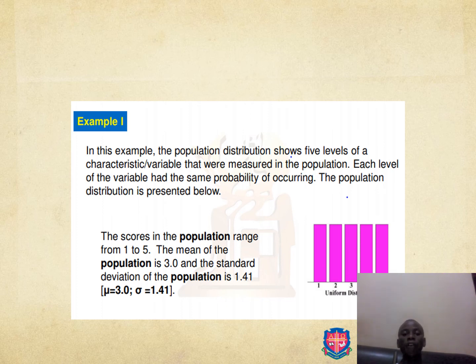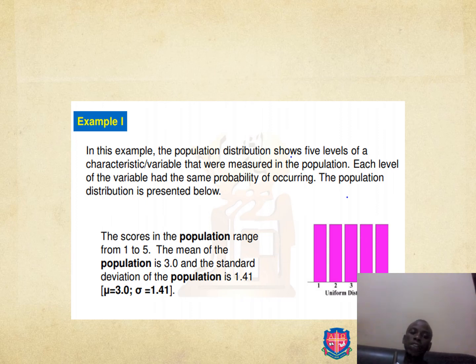Each level of the variable had the same probability of occurring. Recall we said the distribution carries the probability and then the sample means. I hope you can recall that.